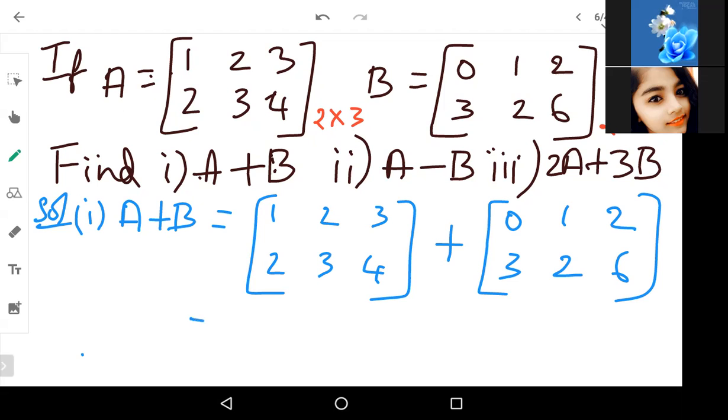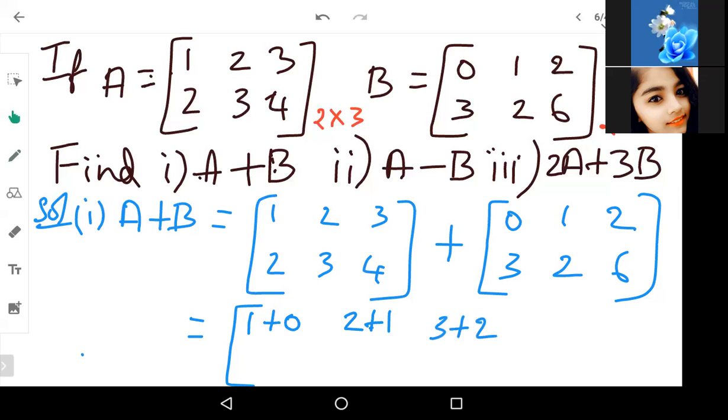What does that mean? Now, if I take 1, what is the corresponding value in B? I have 0. So 1 plus 0. Next, 2 plus 1. 3 plus 2. See, if you see here, you have 3 here and 2. So I am adding those two.